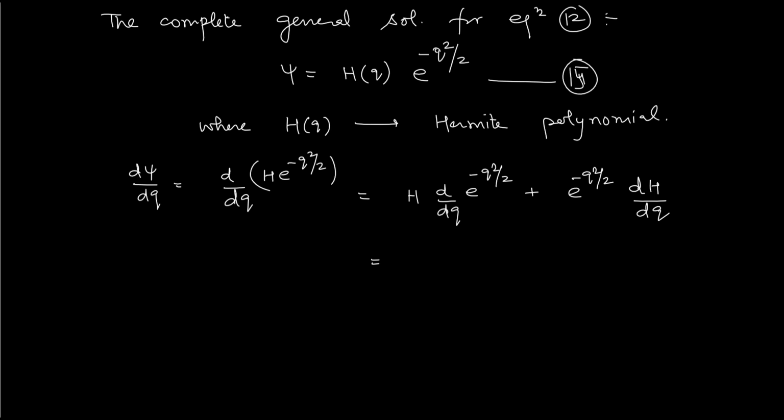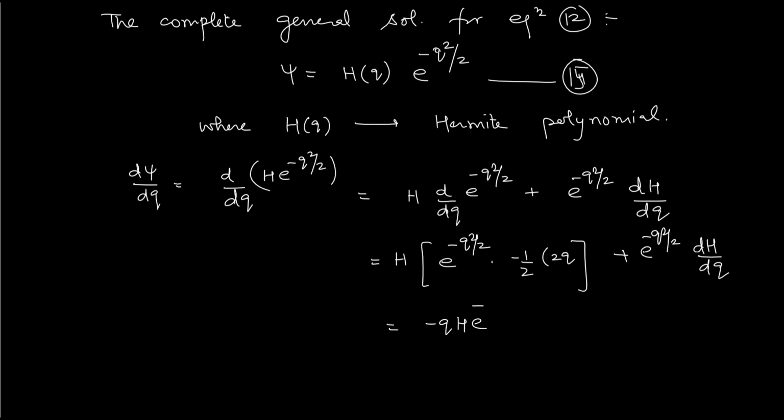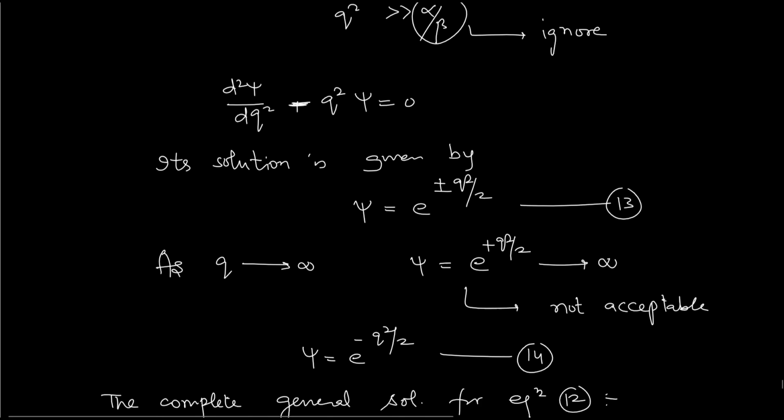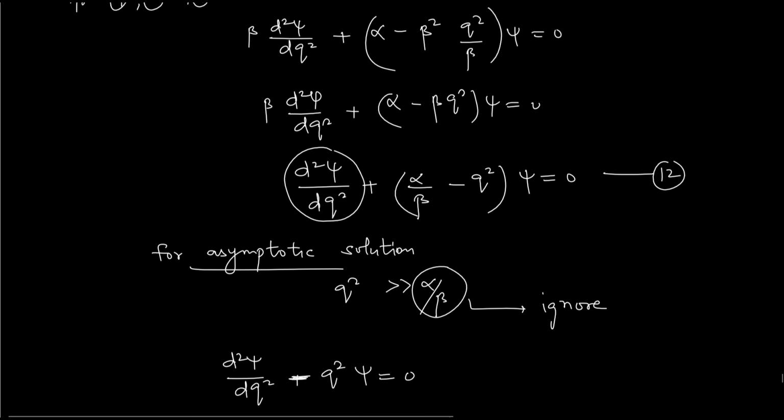The derivative of the exponential is minus 1 by 2 into 2q, plus e raised to power minus q square by 2 dH by dq. So it will be minus qH e raised to power minus q square by 2 plus e raised to power minus q square by 2 dH by dq. This is the first derivative.